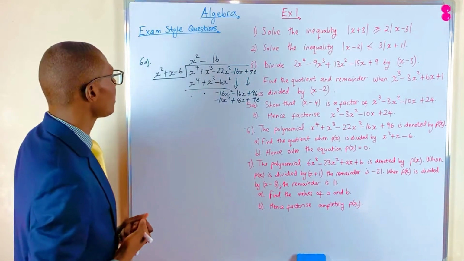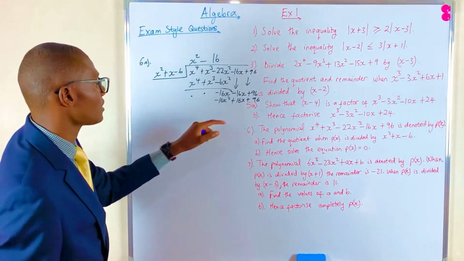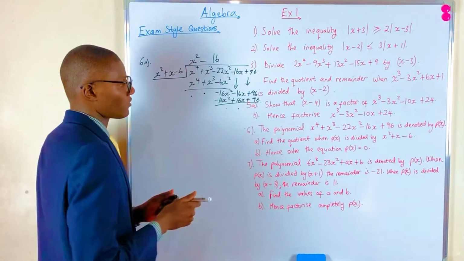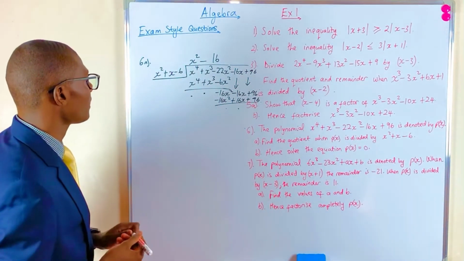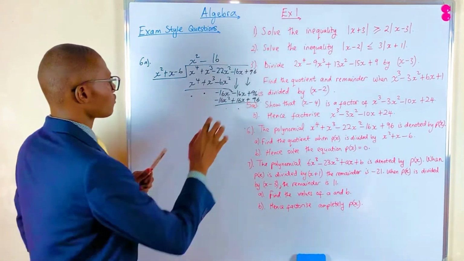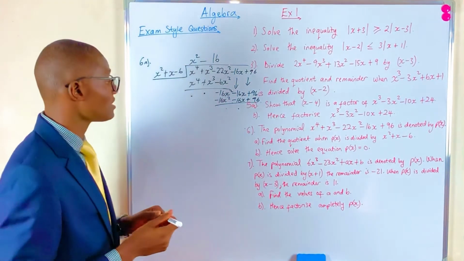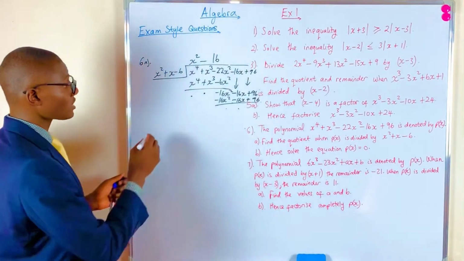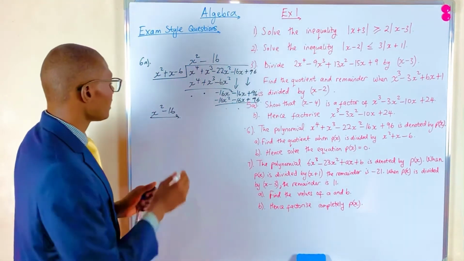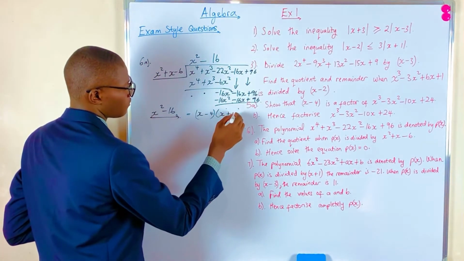And then now if we subtract here, this will give us a 0, 0, 0, like that. And then, now what's next? Minus 16x plus 16x will give us a 0. So the quotient that we want is x squared minus 16. That's the answer that we want. If we factorize it, it will be x minus 4, x plus 4.